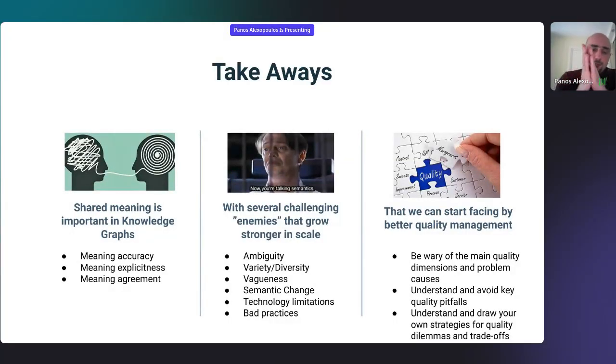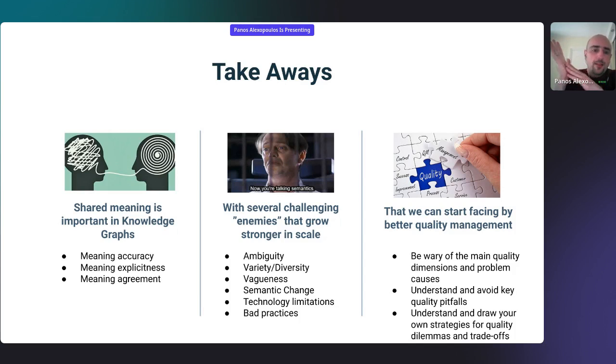I hope that from this masterclass, apart from some practical knowledge, you have gotten three takeaways. The first is that shared meaning is important in knowledge graphs, right? Meaning accuracy, explicitness, and agreement are important aspects of good quality knowledge graphs.